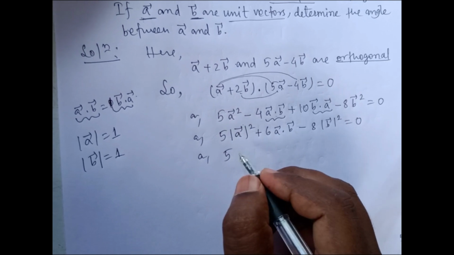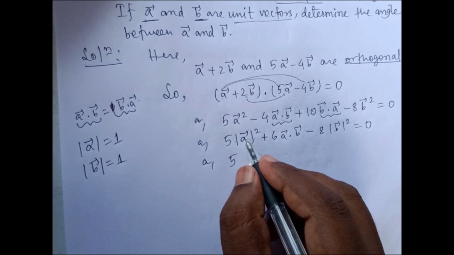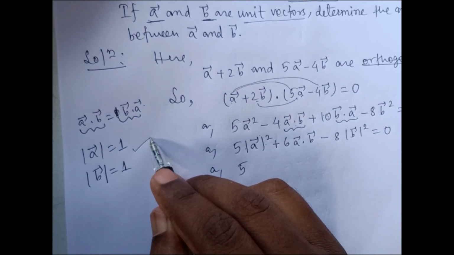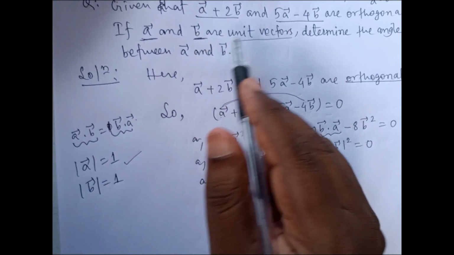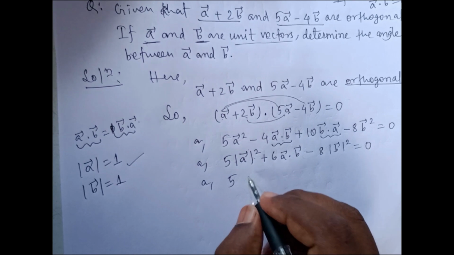Now the modulus of a is 1, since we are given that vector a and vector b both are unit vectors.